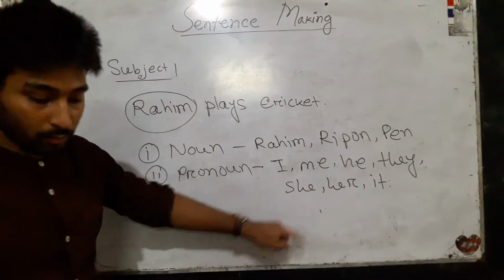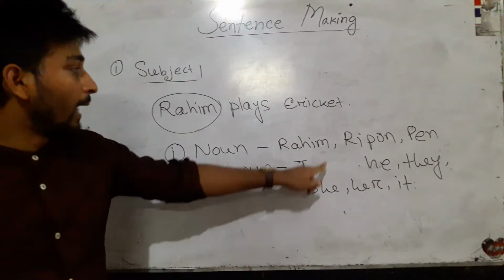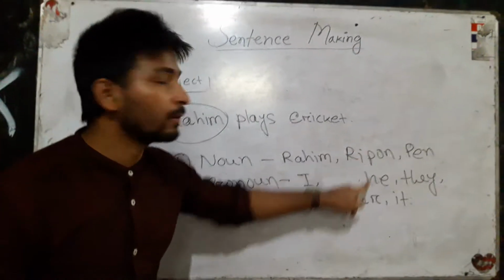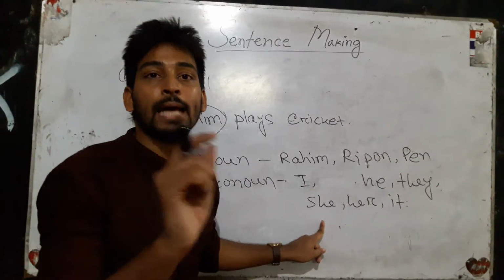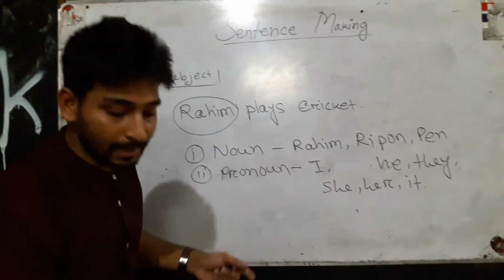These all are pronouns. These all are pronouns, okay? And these are the nouns. So you can use these kinds of words, nouns and pronouns, as a subject in a sentence, okay? So you have to use it as a subject in the sentence.